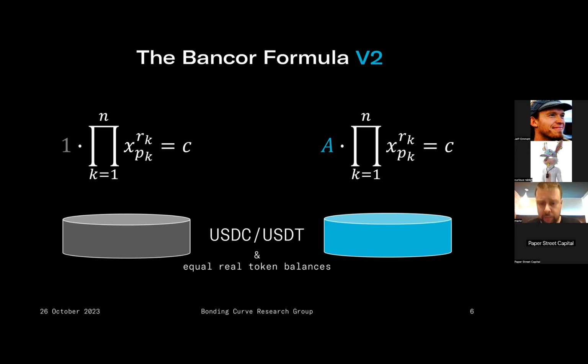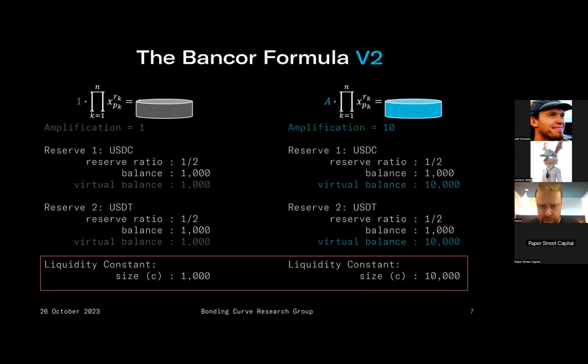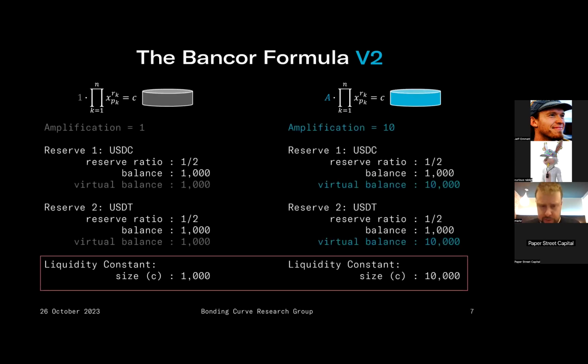To demonstrate how this C constant looks under different situations, let's have a look at a very familiar category of liquidity pool, one that just contains two stablecoins, which is going to be of assistance when we look at the stablecoin curves later in this lecture. Let's imagine we're adding equal quantities of both tokens, so it's a two-token pool, and obviously we have the same reserve ratio for both assets.